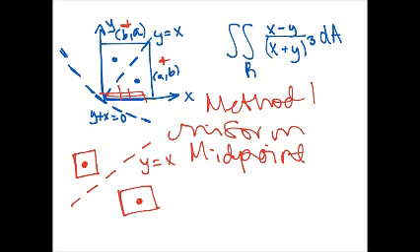You can divide it this way, or you can have a square that's on the line y equals x. And then when you have this point on the line in the middle of the box, the function value at this point is 0.